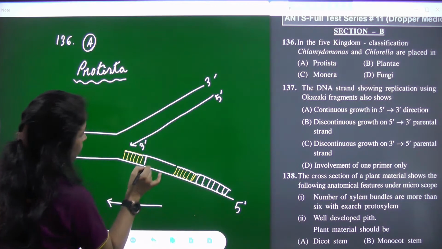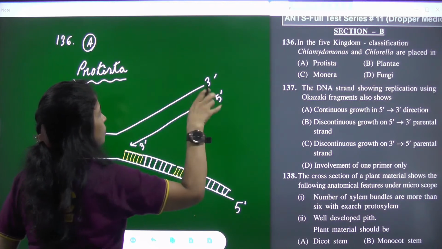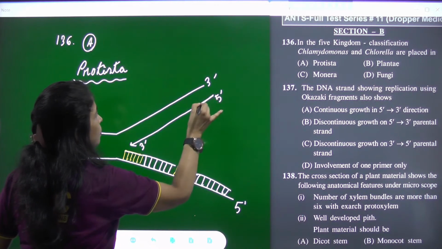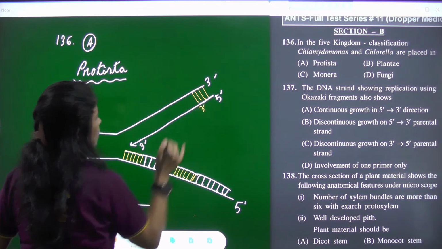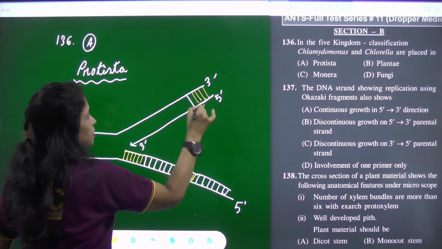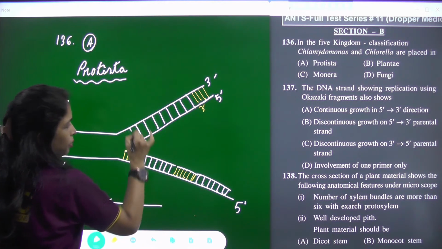Okay, it is another new DNA. So, two daughter DNA are formed.